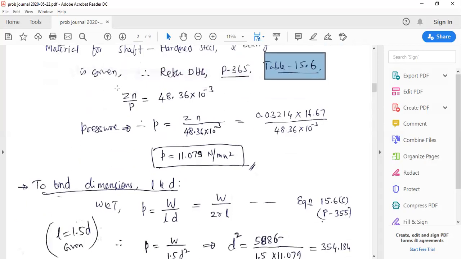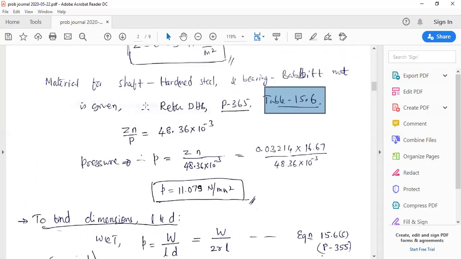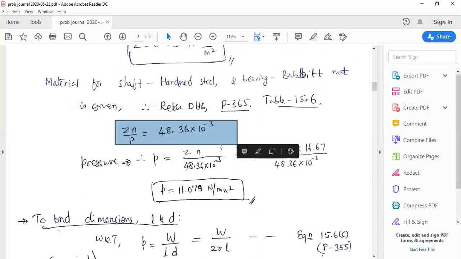There we have the different materials used for shaft as well as journal, and the values of capital ZN by P, and another one, small zn by P. There are two columns, so select any one of the values. For shaft as hardened steel and bearing as Babbitt material, the value to be noted is Zn by P, which is called the bearing modulus.